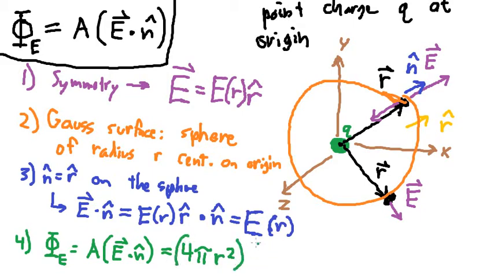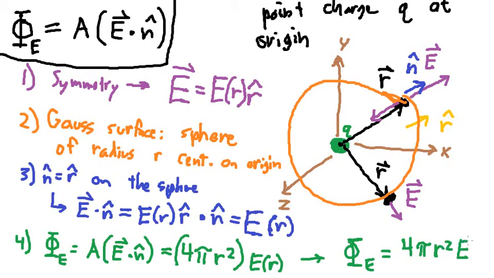So this product in here is just E, this scalar E, which is a function of r. The electric field points outward everywhere with some dependence on r. We don't know what that is, and we're going to get there, and that is what we call the flux per unit of area.